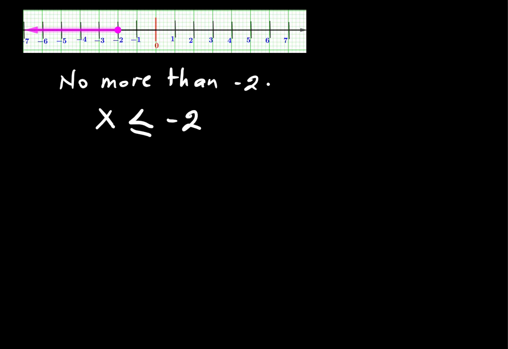So if you look at our representation here, we have the -2 here, and all the values on the left up to -infinity, wherever it is, are included in this solution. So any value that is not more than -2 is the solution. I hope you understand this. Now since we have these basics, we are going to expand it.